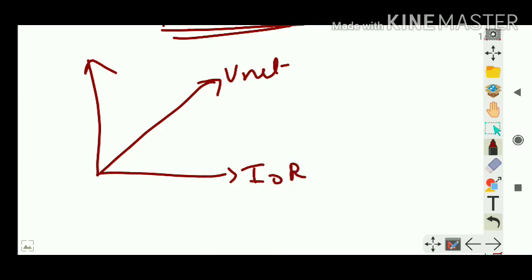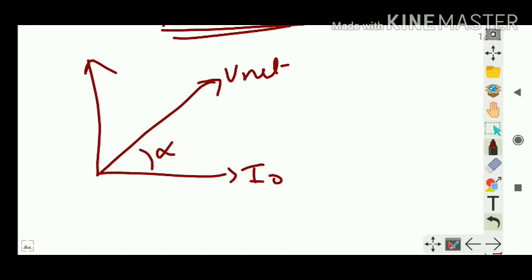So net voltage, see how can I write the net voltage now? Let's draw the diagram again, the graphical representation. It was like this. This was the net voltage, and this was the direction of I naught R. Or I can say, since I naught and voltage are of the same direction, I can even remove this R. I can say the current direction is in this direction, and this is alpha.